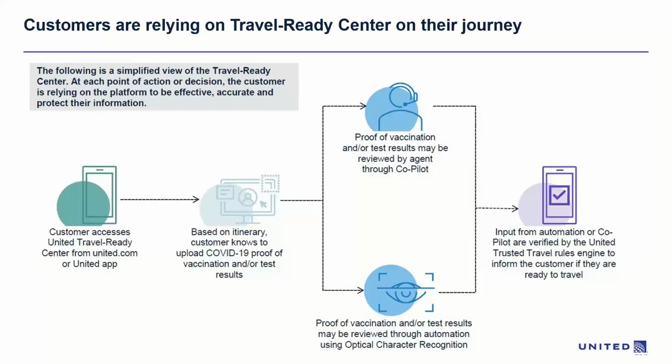From that information, we're then able to help guide them through ensuring they would be travel ready. The true intent of our products is to ensure that our customers don't come to the airport if they're not able to travel. And again, what this pandemic and the constant changes illustrated for United is that it's really difficult to do if the guidance that's contained is not accurate or not timely.